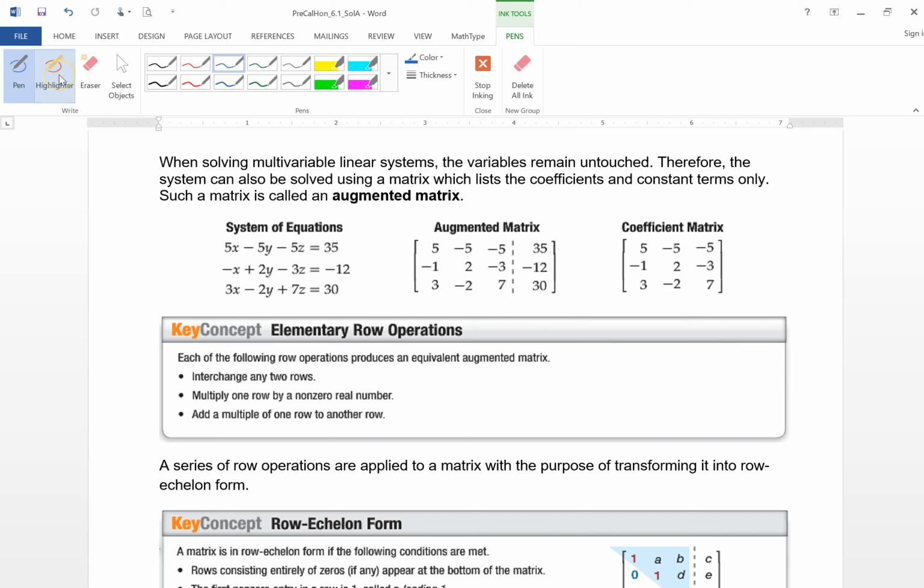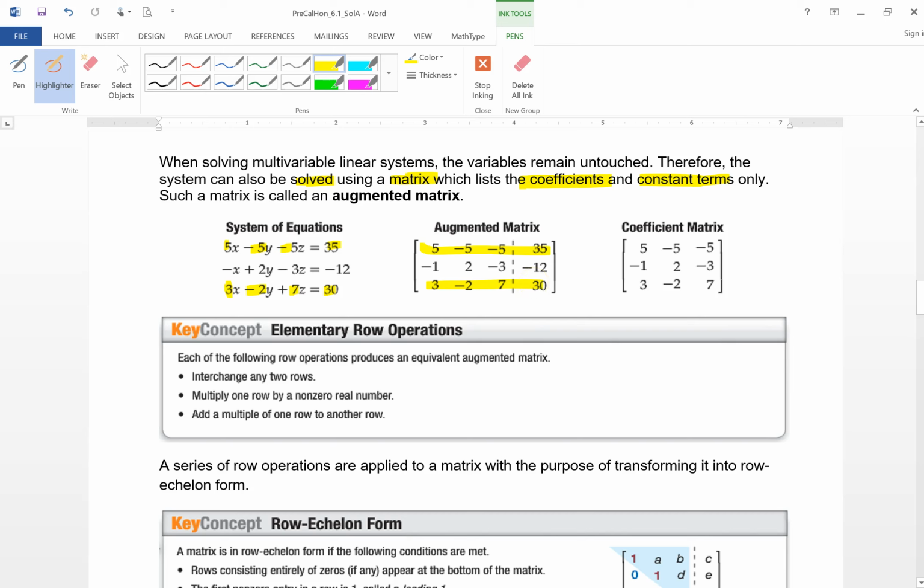So the system can also be solved using a matrix which lists only the coefficients and the constant terms, all right? So here was the system of equations that we solved. If I just take the coefficients and the constants, look, 5, negative 5, 35, it's these, okay? 3, negative 2, 7, 30, it's these.